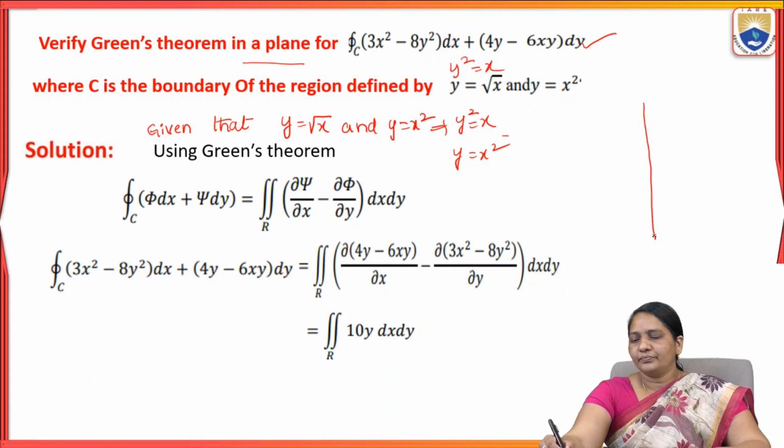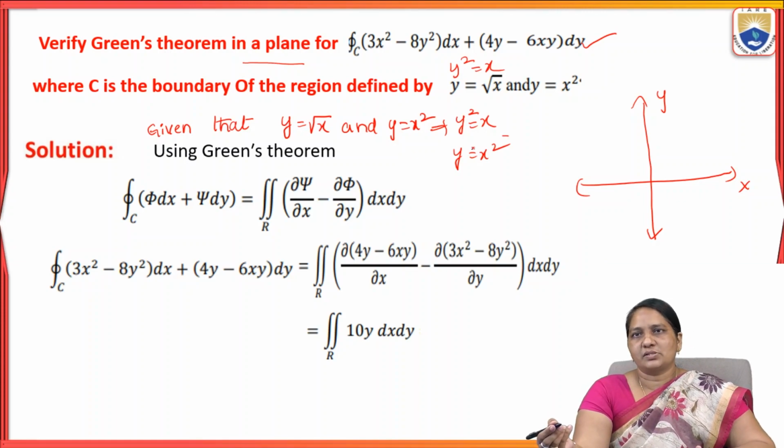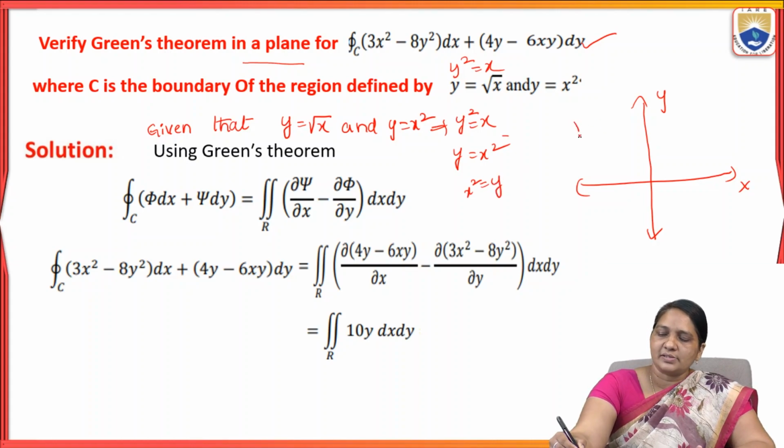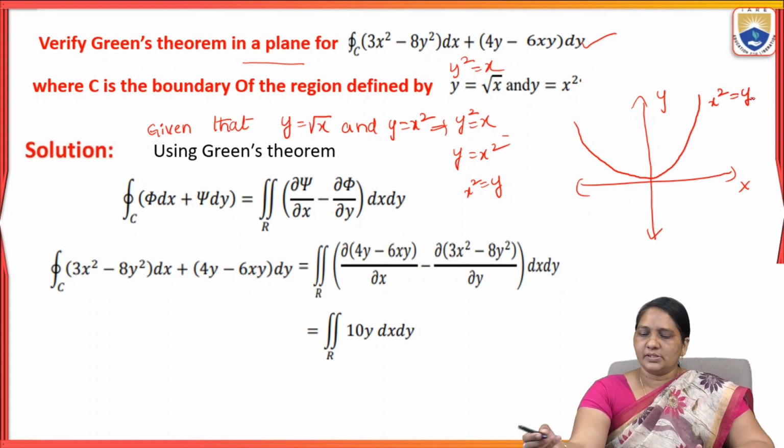Here I am taking the y-axis and here the x-axis. Now y equal to x square, otherwise x square equal to y, the curve is like this. This is x square equal to y curve. Next, y square equal to x.